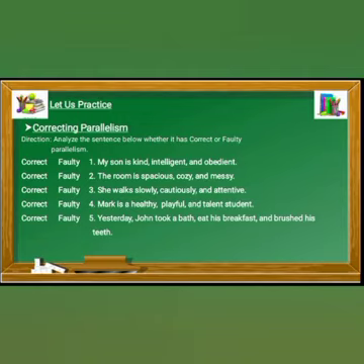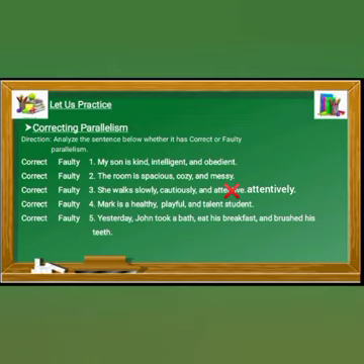So, to make this sentence correct, we should change the adjective attentive into an adverb. Okay? So we will add ly to make it an adverb. So the correct sentence is she walks slowly, cautiously, and attentively. Alright?